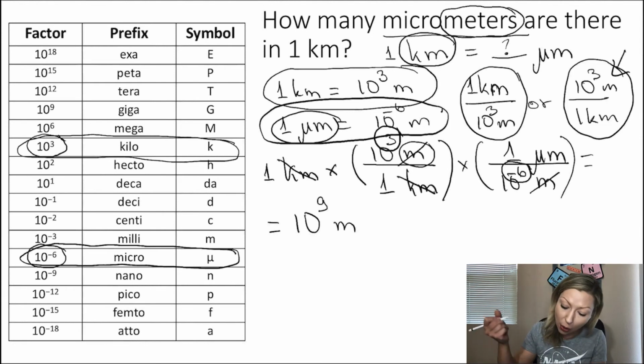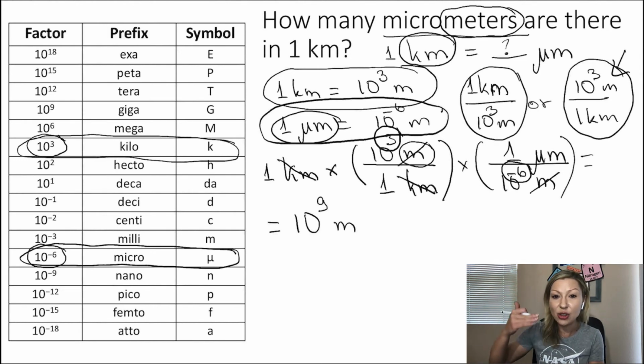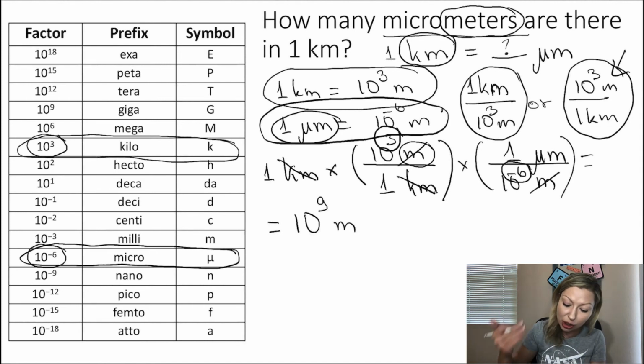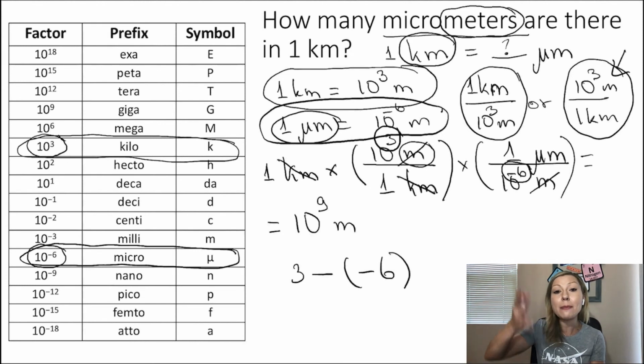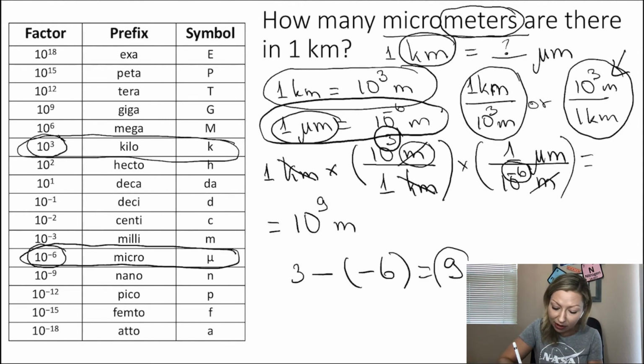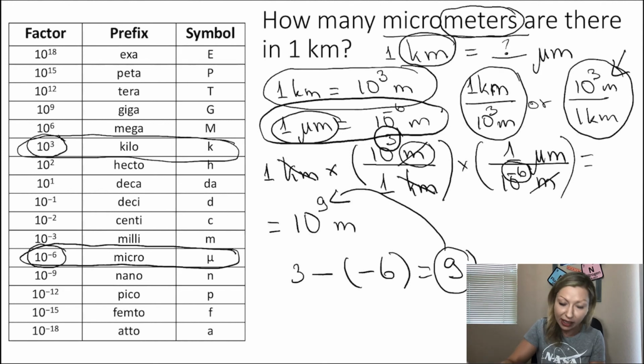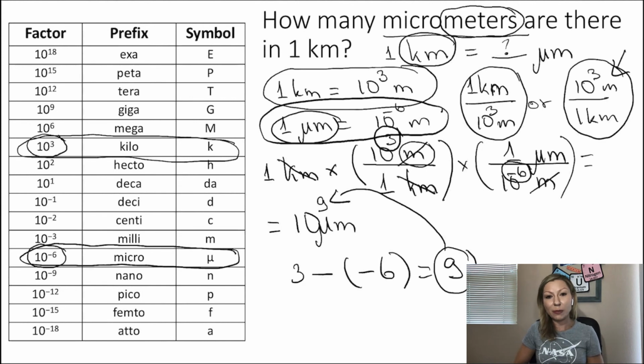Since I have to divide 10 to the third by 10 to the negative 6th, I am just going to subtract the two exponents. So 3 minus negative 6 is going to give me 9. And this is the number that I'm going to use as my exponent right there. Oops, and I forgot about the micro. Okay, I hope this makes sense.